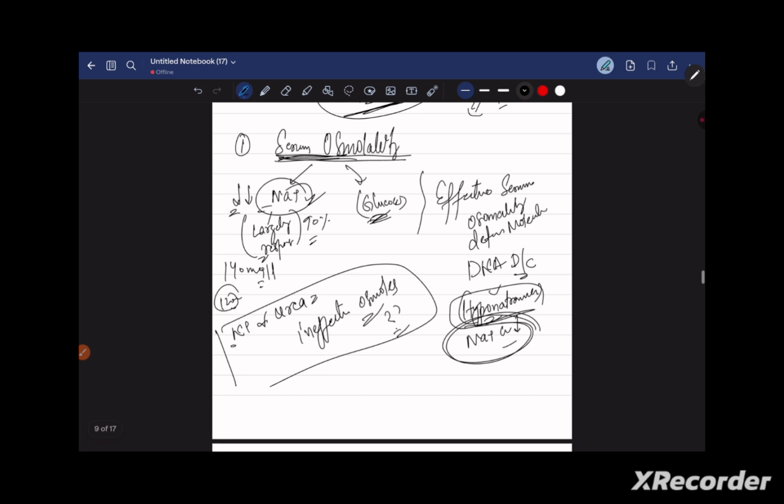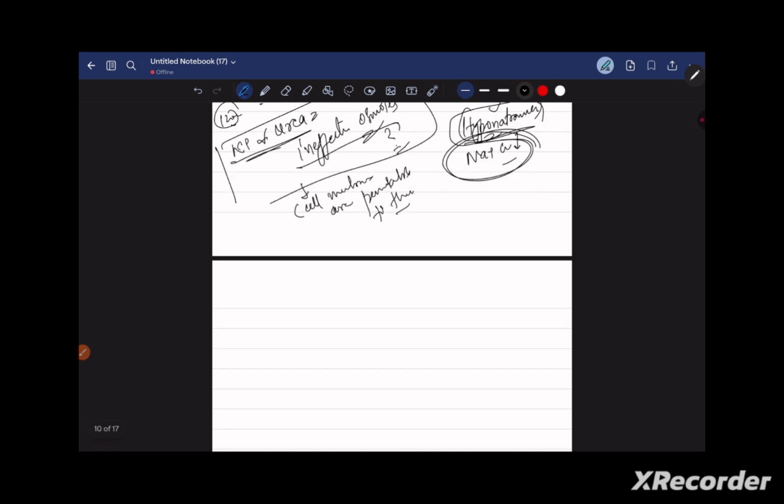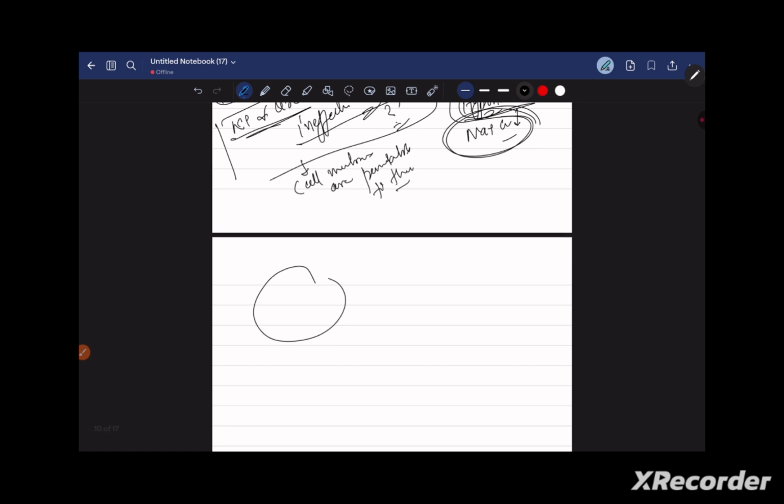And why are potassium and urea ineffective osmoles? Why are they not determining the serum osmolality? Because the cell membranes are permeable to these molecules. What I want to convey is that, in order to determine the osmolality of the extracellular fluid, the main thing is which molecule is creating the tonicity, which molecule is able to create the gradient.